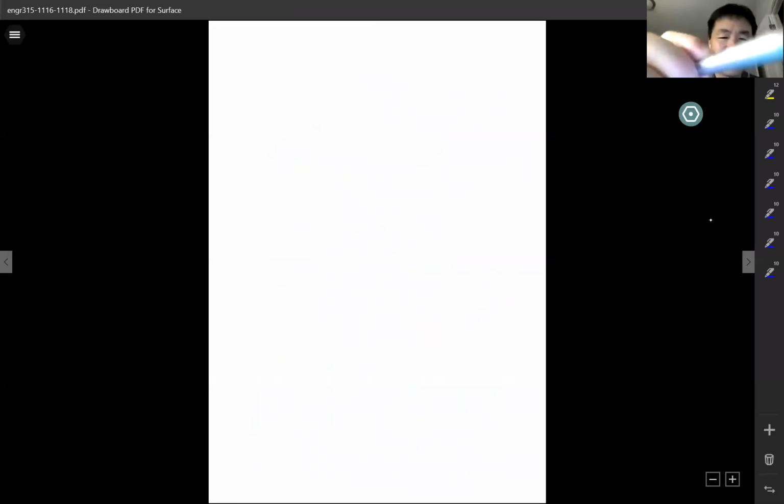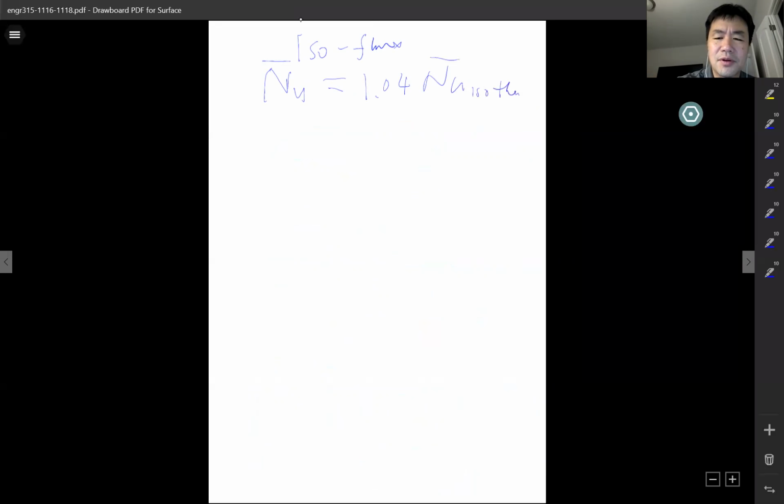We don't have a bunch of equations for iso heat flux. It's based on isothermal. The Nusselt number for iso heat flux equals 1.04 times the Nusselt number for isothermal.